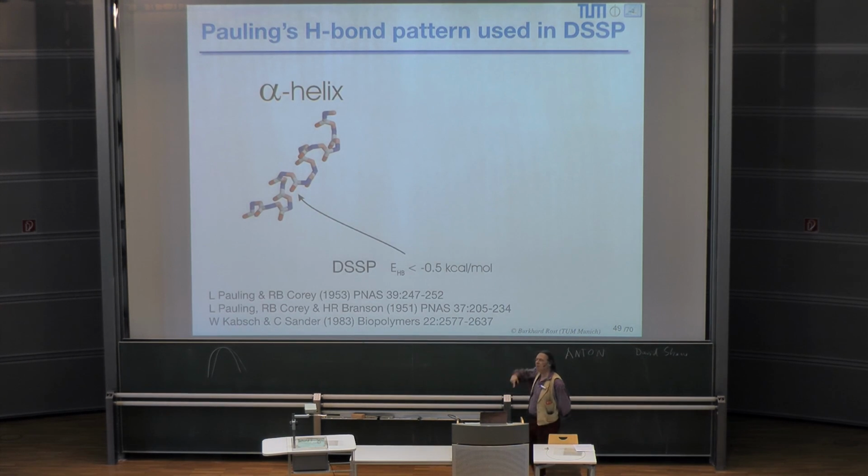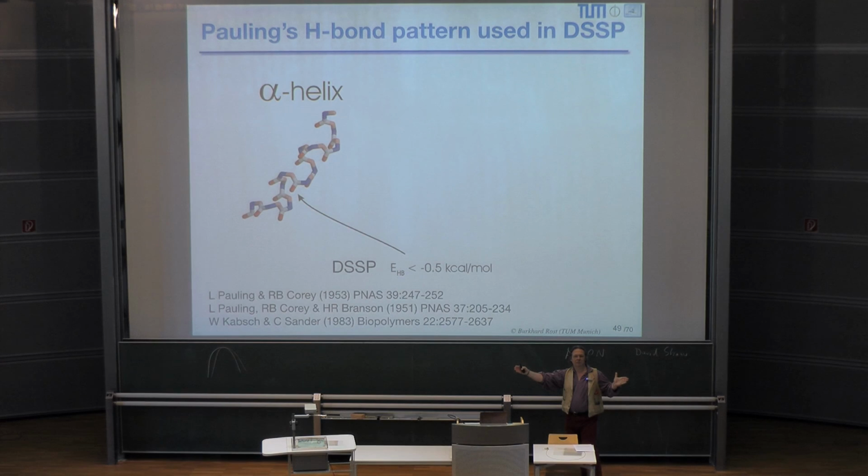Then I label my hydrogen bonds along the chain. According to some energy, I define a threshold. I said that I and I+4 is a helix. So I'm going along the chain, asking, do I see hydrogen bonds between I and I+4 in a continued way? I and I+4, I+1 and I+5, and so on, and you build up a helix, right?